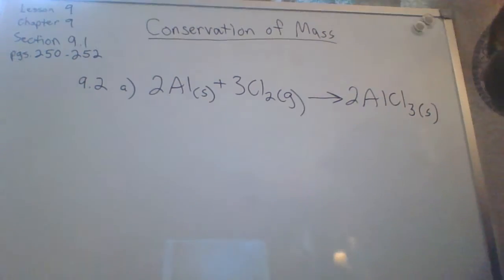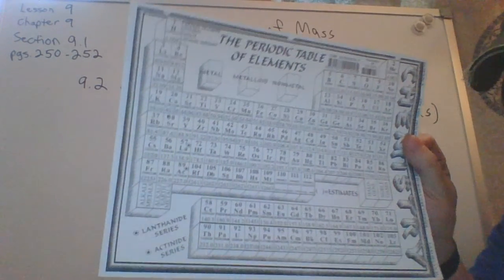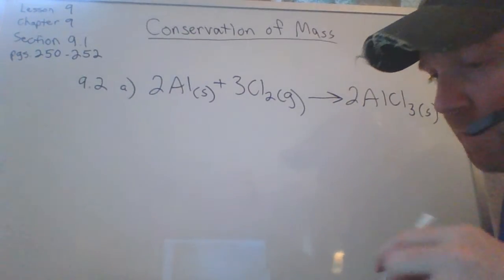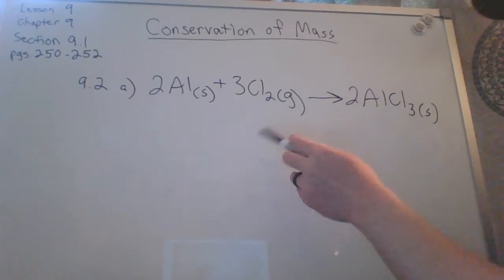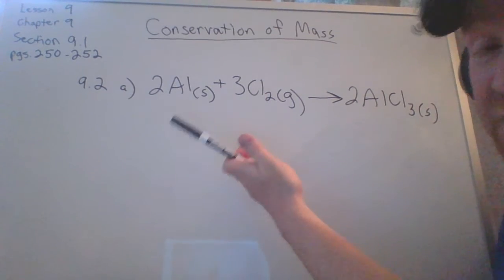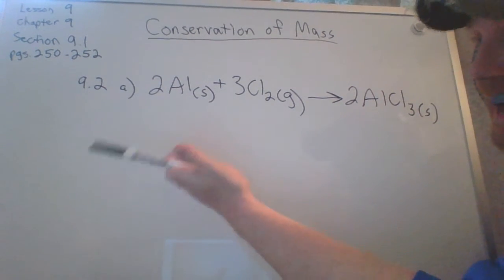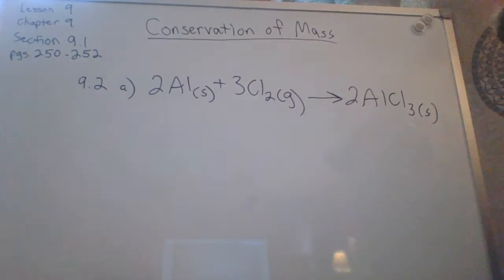First off, we have 2 moles of aluminum. I've got my periodic table right in front of me, and I'm going to look at aluminum, element number 13. 26.98 grams is what each mole of aluminum has for a mass, but we're going to multiply that by 2 because there's the coefficient of 2 in front.